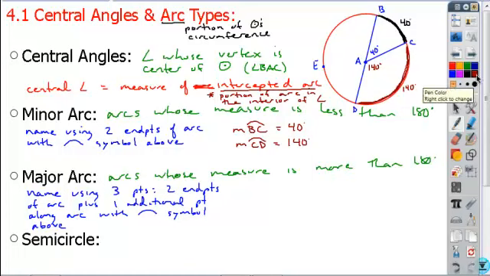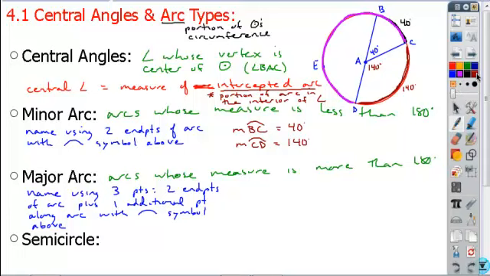So here, instead of arc CD, if we wanted the arc that is equivalent to the reflex angle, from C all the way along this arc back to D, but in the other direction, now we're talking about a major arc instead of a minor arc.